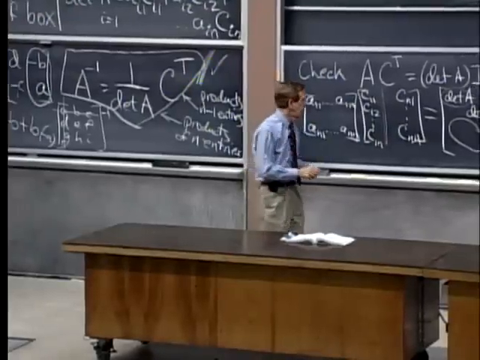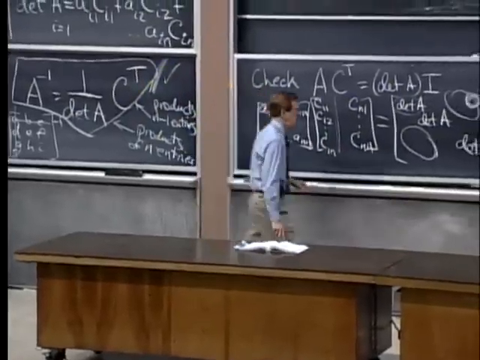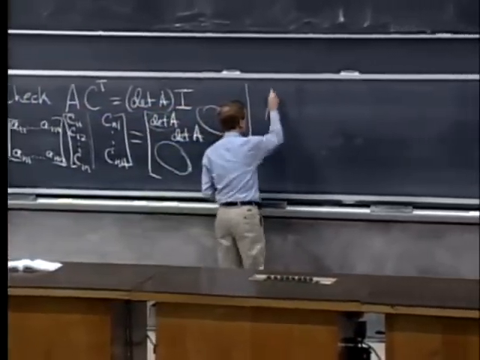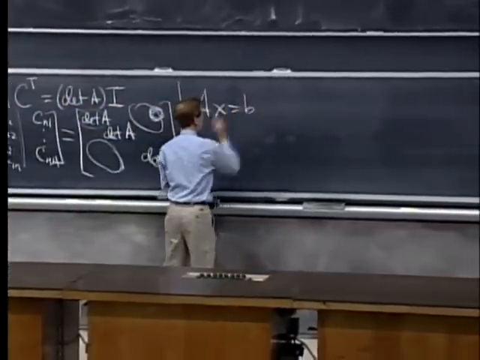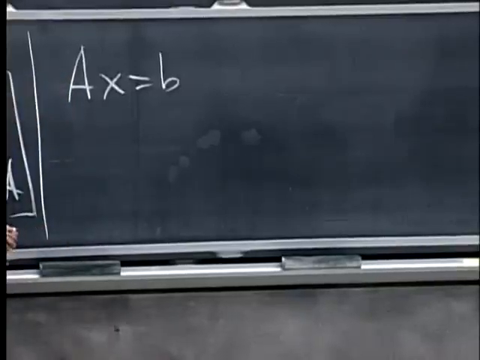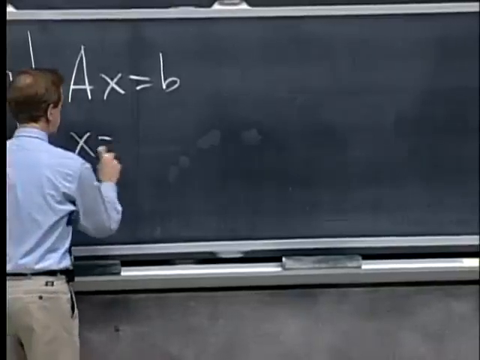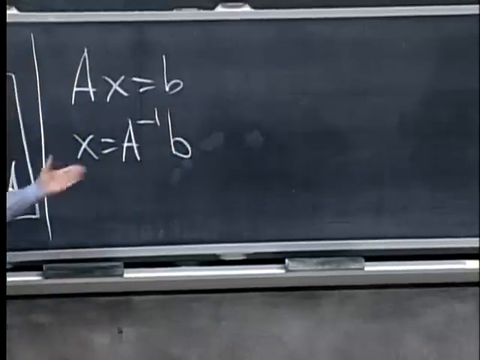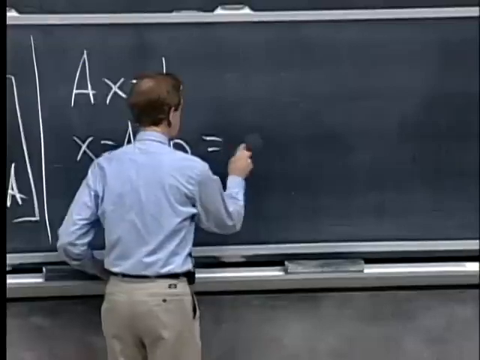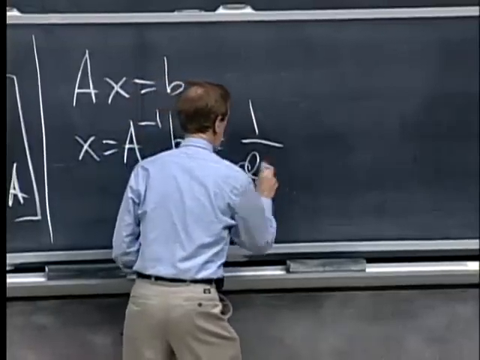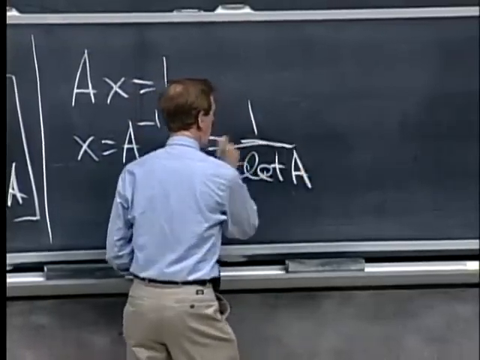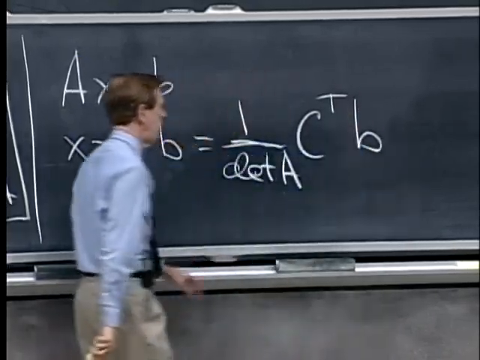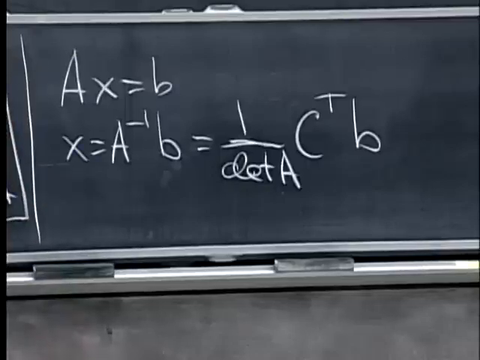Now, my second application is to AX equal B. Well, of course, the solution is A inverse B. But now I have a formula for A inverse. A inverse is 1 over the determinant times this C transpose times B. I now know what A inverse is.